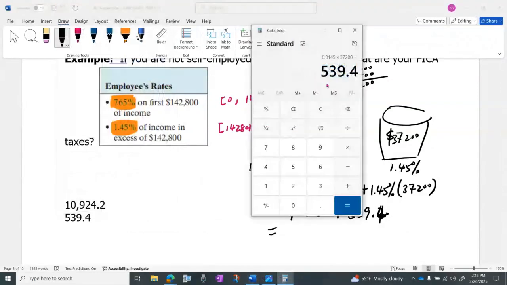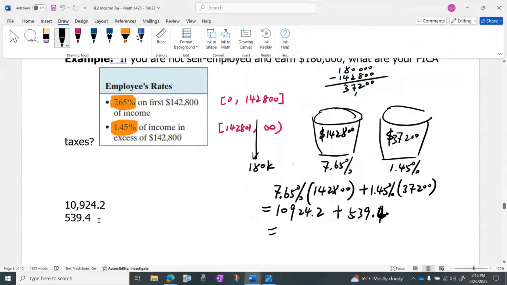We already have 539.4. Add that to 10,924.2. So the taxpayer's FICA tax is $11,463.60. That's a lot, right?